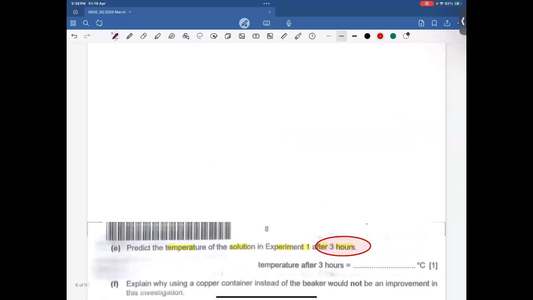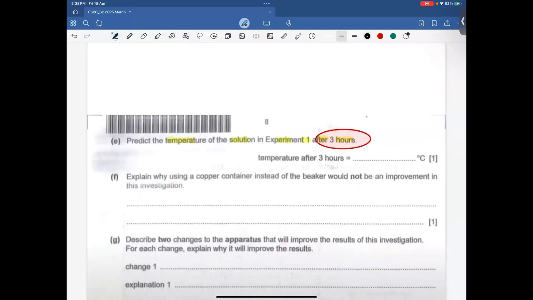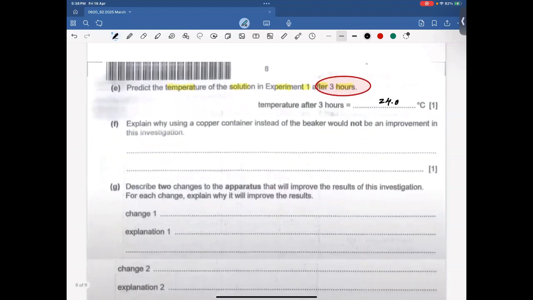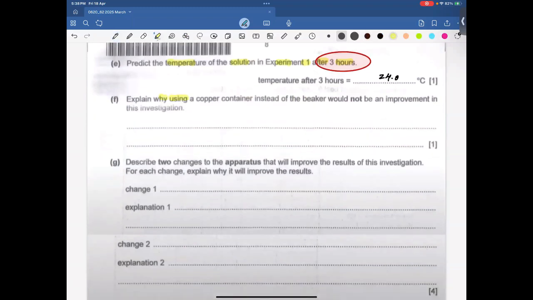So I'm going to write 24.0 degrees Celsius. Explain why using a copper container instead of a beaker would not be an improvement in this investigation. Would not. Because copper has a good thermal conductivity.